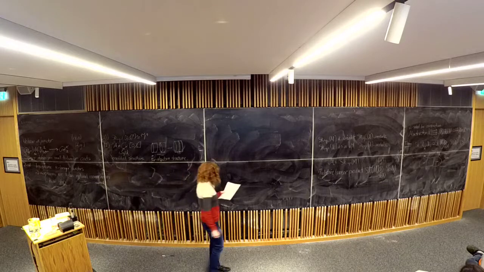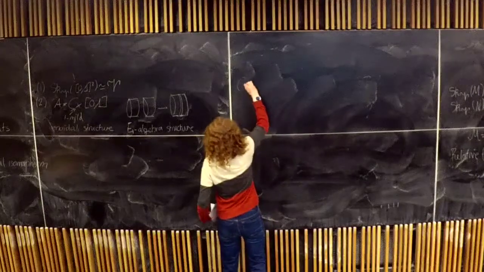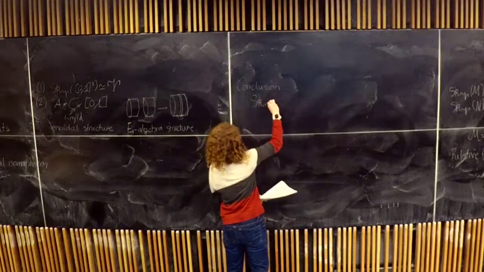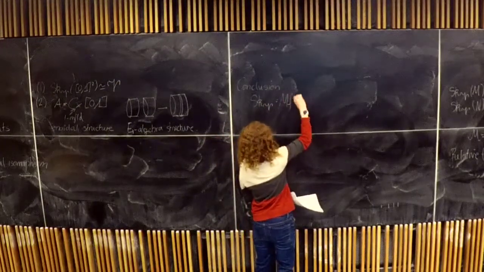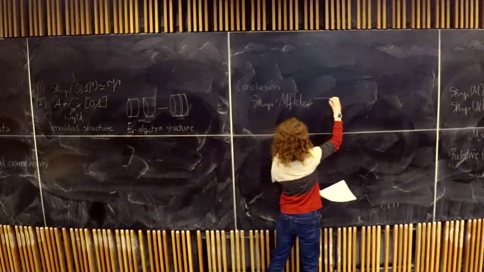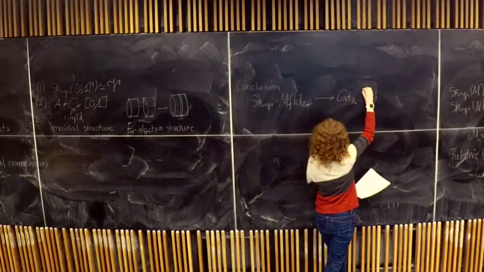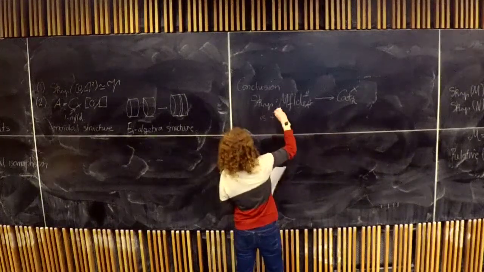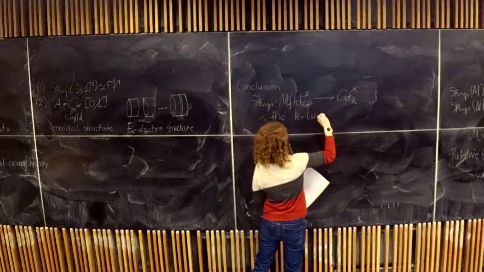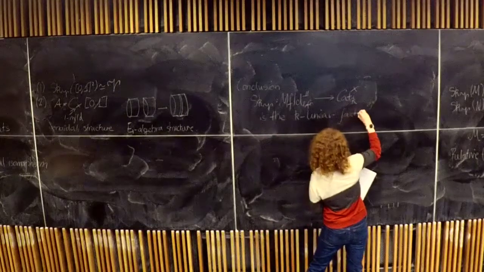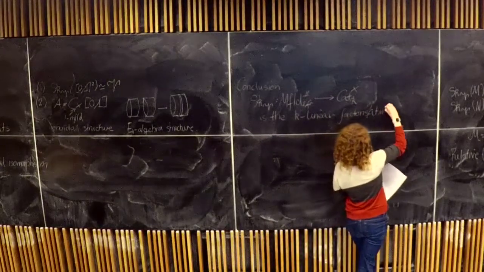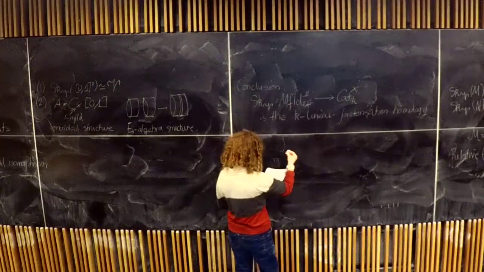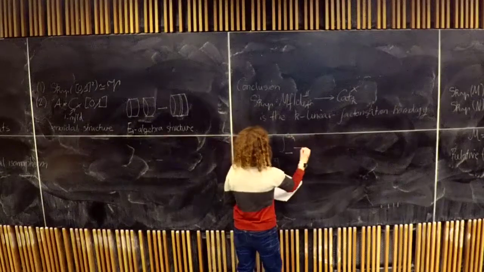Okay, so the conclusion is that this functor here, the skein functor, is linear factorization homology.